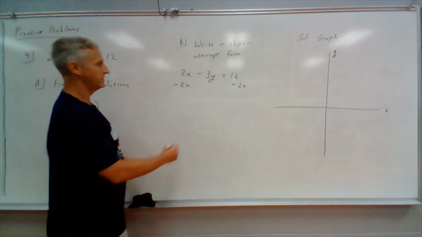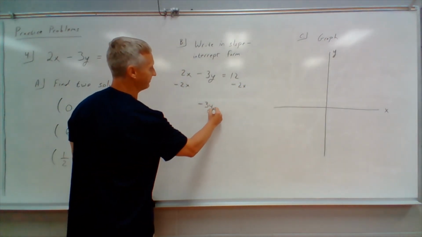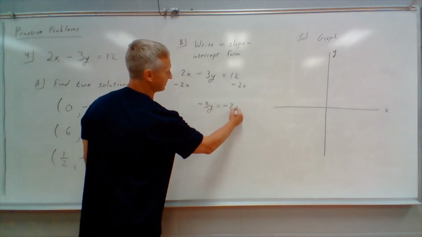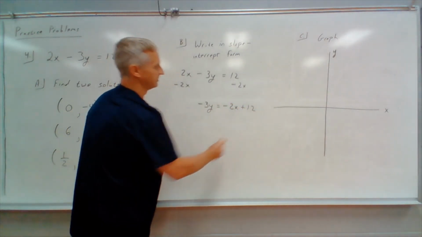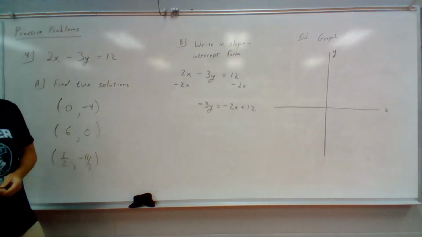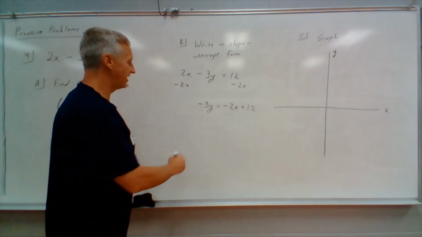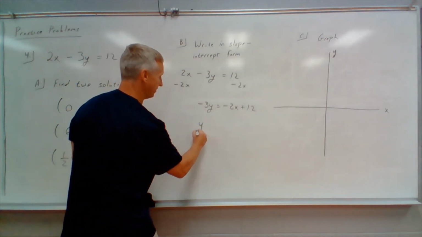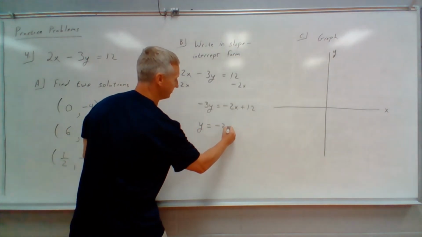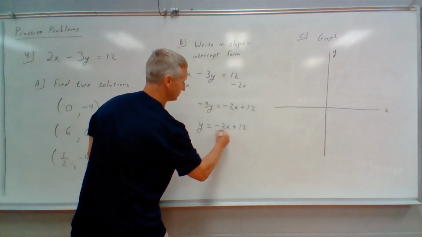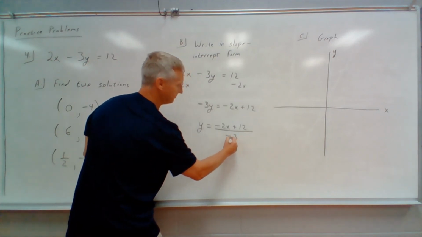That'll go away. I'll have -3y is equal to -2x plus 12. I'm going to divide both sides by -3. So y is equal to -2x plus 12, all divided by -3.